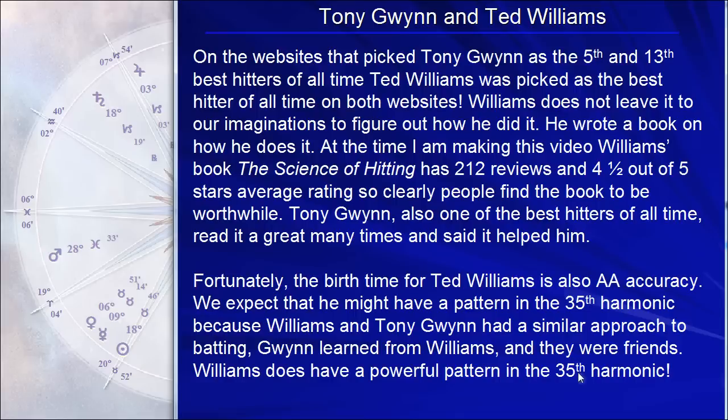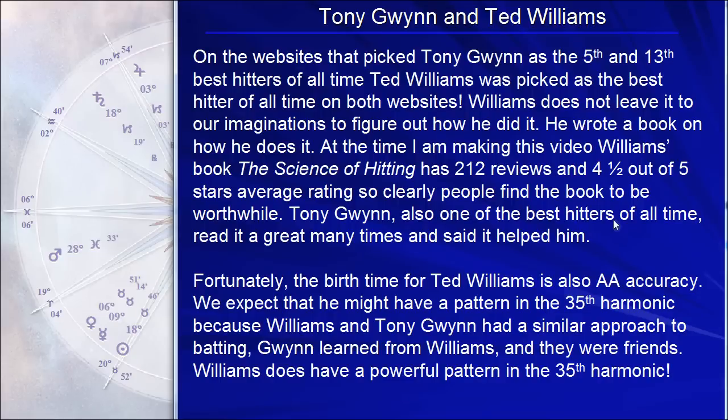So Tony Gwynn and Ted Williams have a very close relationship. And they're both analysts. Williams writes the book, The Science of Hitting. I looked it up on Amazon.com, gets great reviews. Tony Gwynn studies it. They become friends.